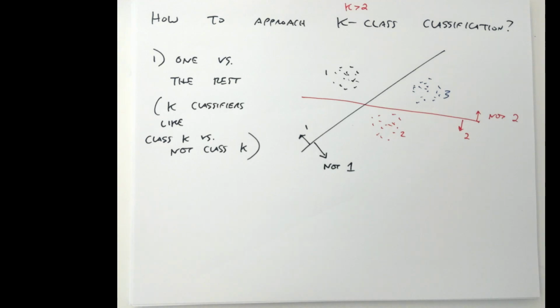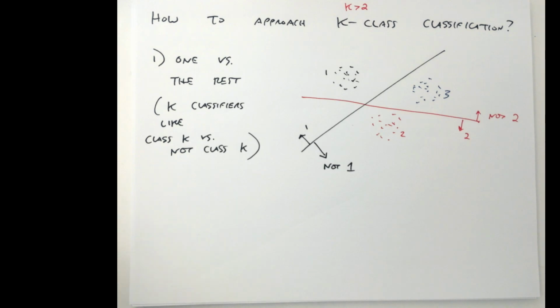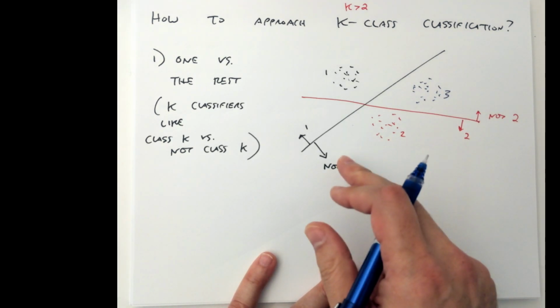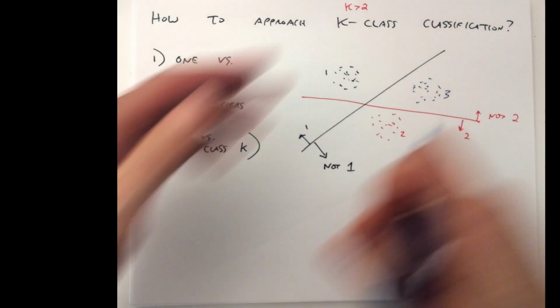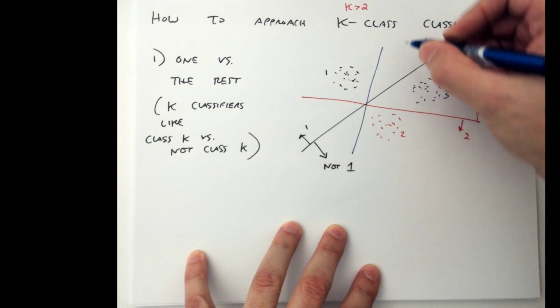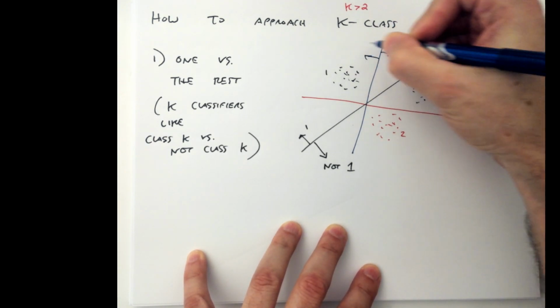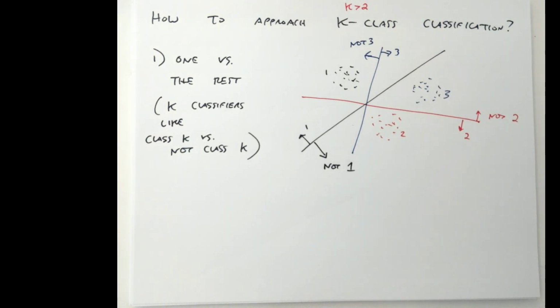Okay, so the question is, what happens when I have something that is over here, right? This is not so great because there are some points that are both 1 and 2. Maybe I should draw another picture like this. This is 3 on this side and not 3 on this side. So there's got to be some confusion here, right?